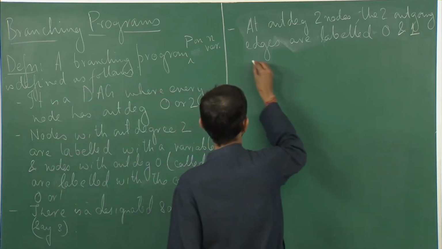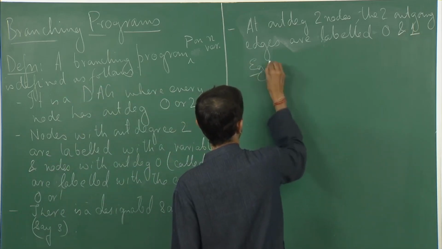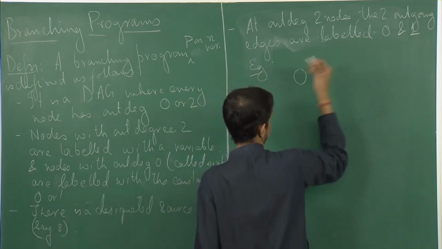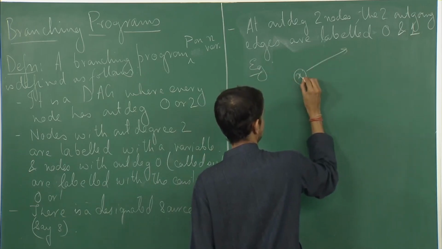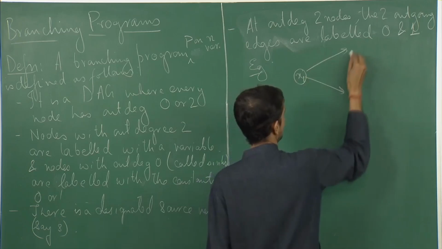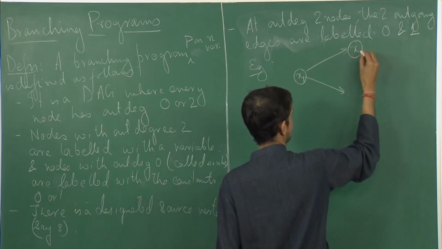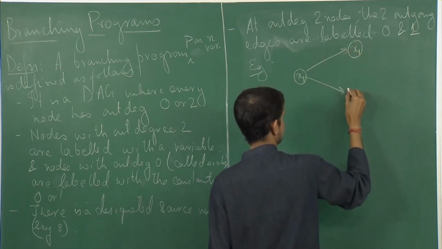For example, we can have a branching program that looks like this. Let's say this is some x1. I have maybe another x1.